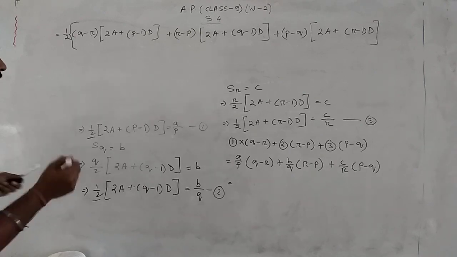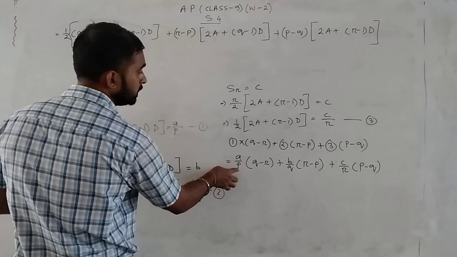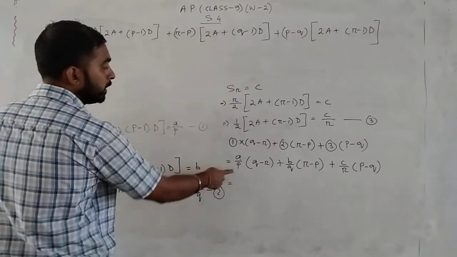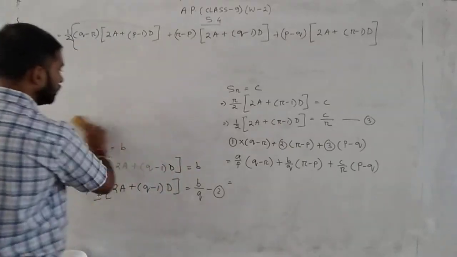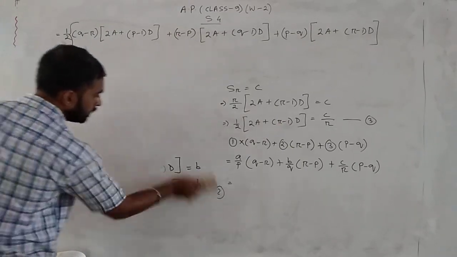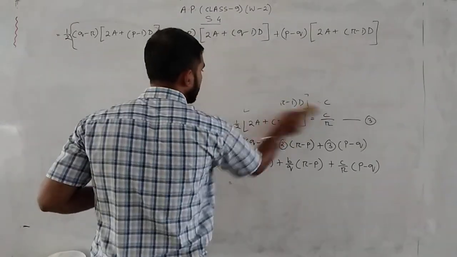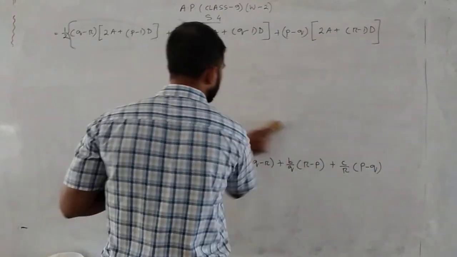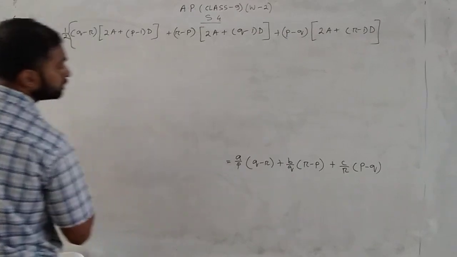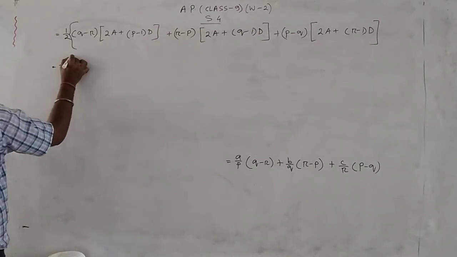Okay, then next. Now this is equal to this and we have to prove that this equals 0. So the value of this must be equal to 0. Now we will simplify this one and the value must be equal to 0. Then we can say that this equals 0. Okay, half.